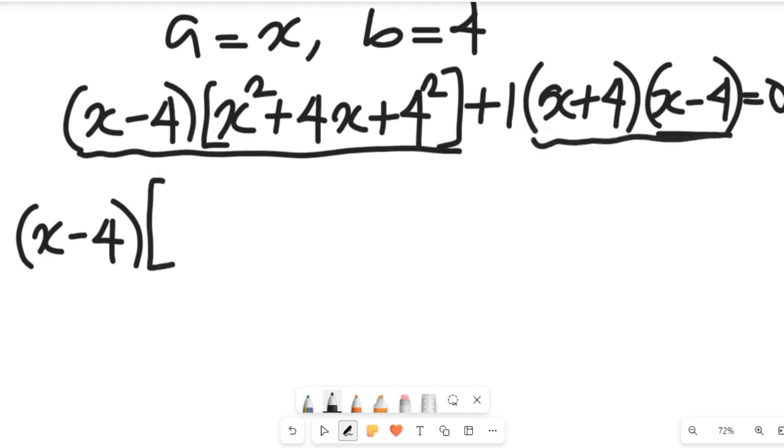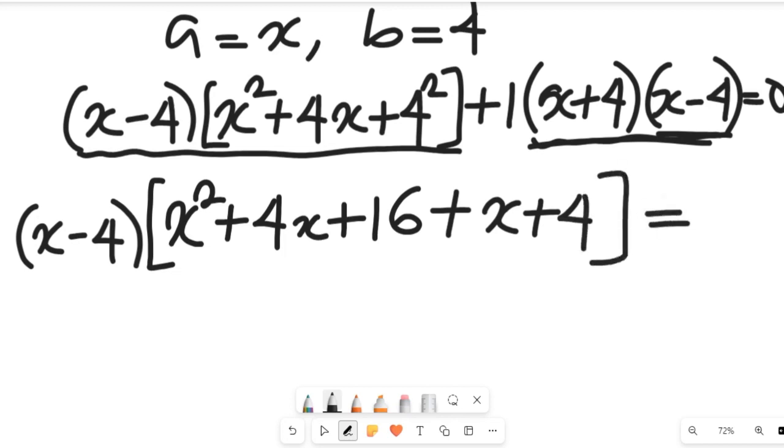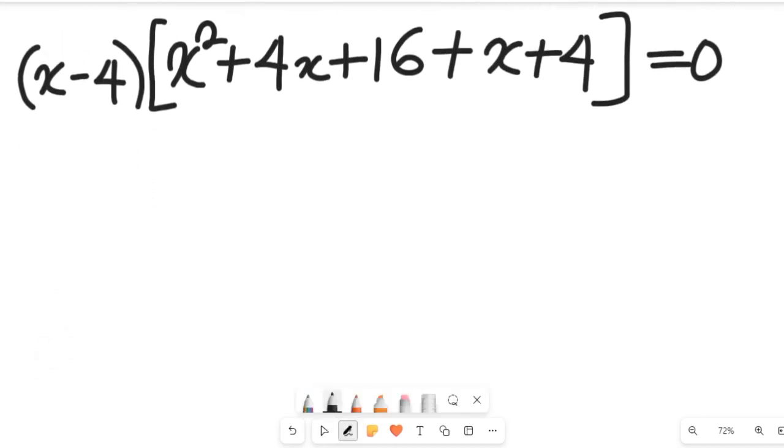If we do that, this expression remains x squared plus 4x plus 16, right? 4 squared is equal to 16. And if we divide here, we're going to have plus x plus 4 remaining on this side, and this whole thing will be equal to 0. So this has brought us to what we call the zero product law.